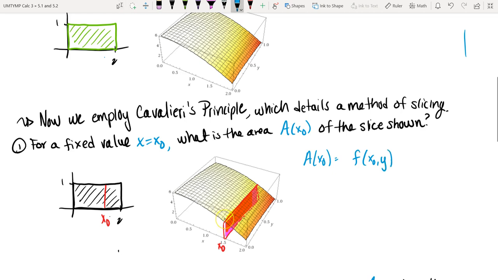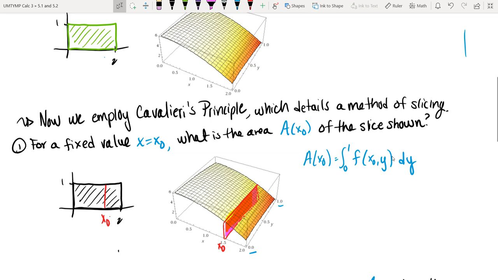That would be the height where I meet that surface. Then I need to allow the function to range. I'm keeping x0 fixed, but y is still changing from 0 to 1, so I need to go from 0 to 1 of the function dy while holding x constant at x0. That should be the area of the slice.